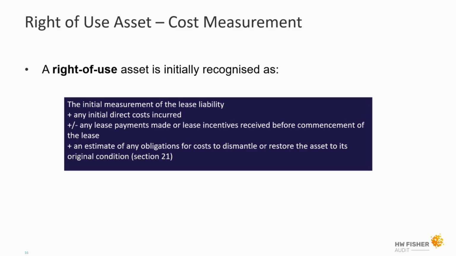Traditionally, if it's a long way out, management sometimes don't consider the cost to restore or dismantle, those dilapidation costs. We do need to think about that upfront. Now, we do need to calculate that, bring that in. That will then be added to the right of use asset, and will create a bit of an imbalance between that asset and that liability. But it does need to be calculated and considered upfront.